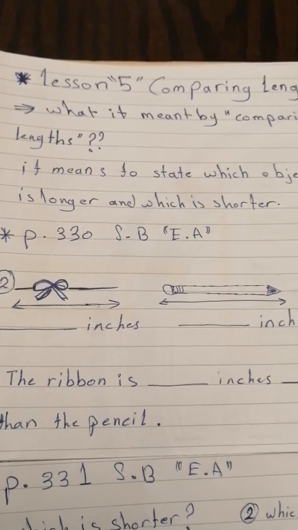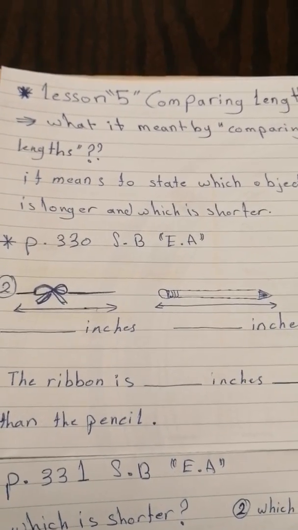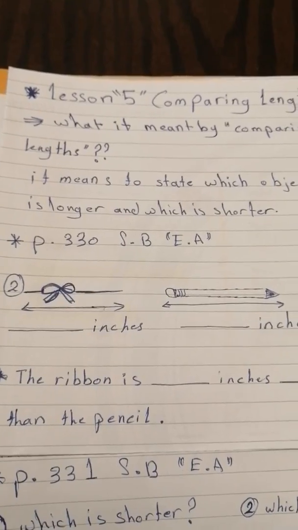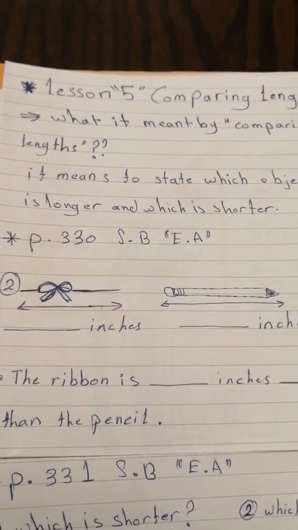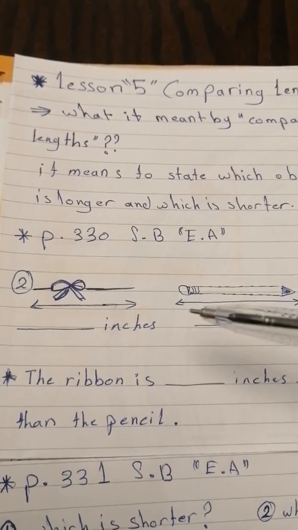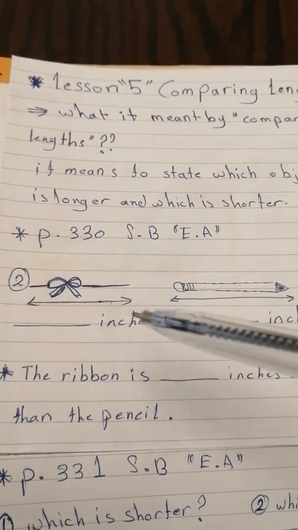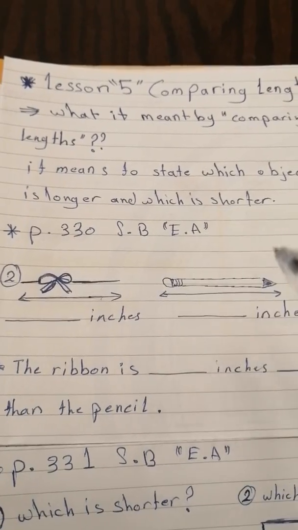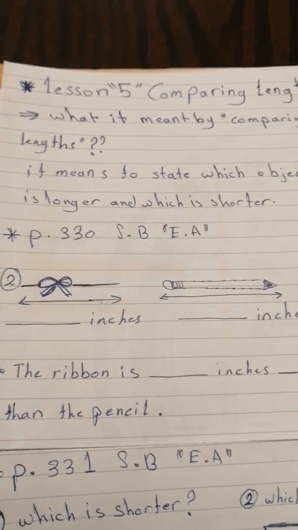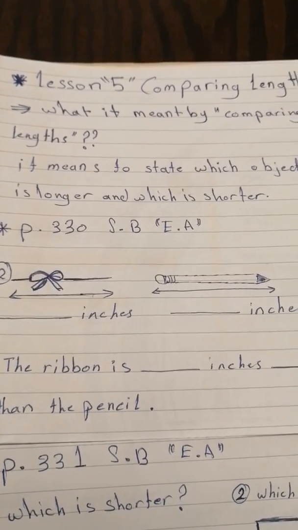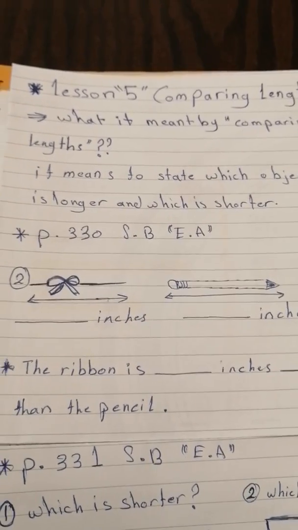In order to compare their lengths, we have to measure the length of each object first, and then we will decide which one is longer than and which one is shorter than the other. Let's start with the ribbon. If you have an inch ruler, you can measure these two things because they are small things, and we said in the last lesson that for smaller objects we can use an inch ruler to measure the length.